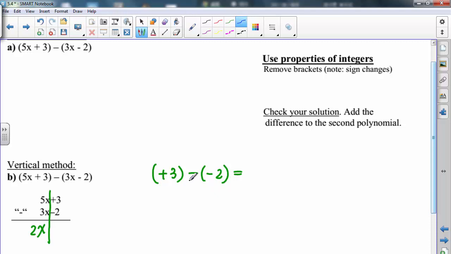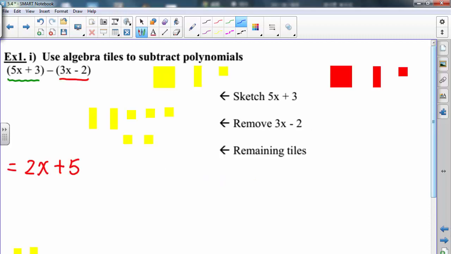When we subtract two integers, we change it to adding the opposite of the second number. So the second number, negative 2, becomes positive 2. So this one is actually positive 3 plus positive 2. This one becomes positive 5. So the result is 2x plus 5, which is the same as what we got from the algebra tiles.